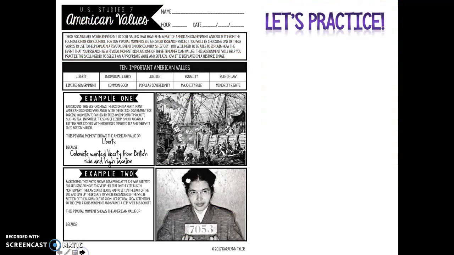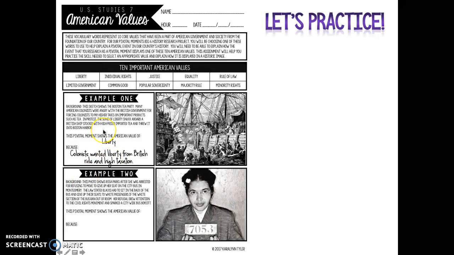So in class together, we went through this next assignment. This is the American values. For each one, there's an image, a moment in American history, and then there's some background information. And then we go and we decide which of these words we should use and why.